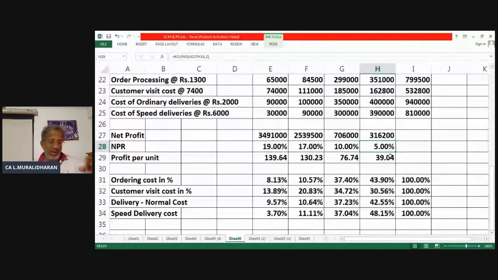Now let us just take up some more problems. It is problem number 7, which is there in page number 4.